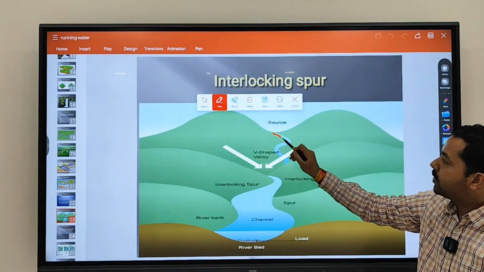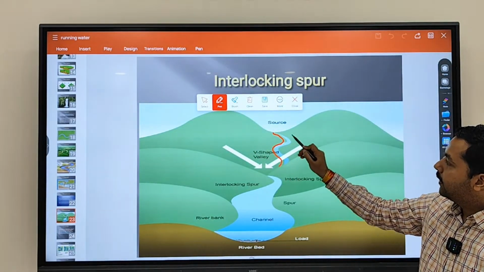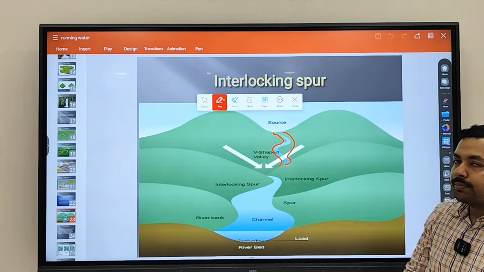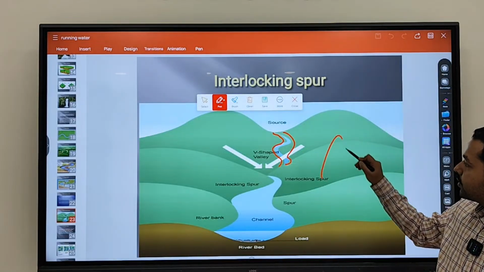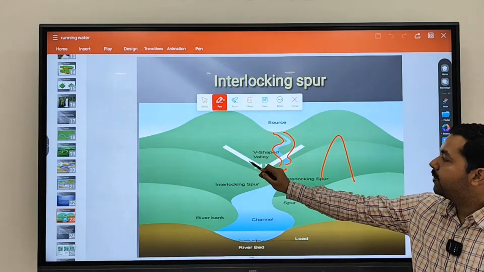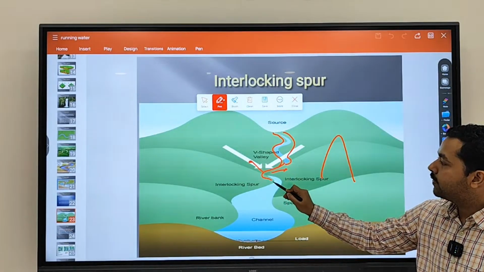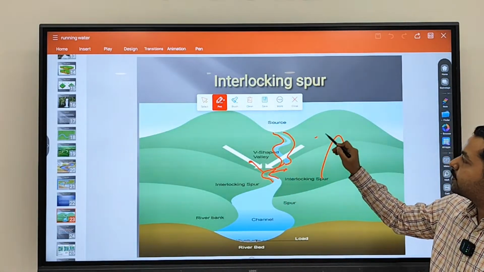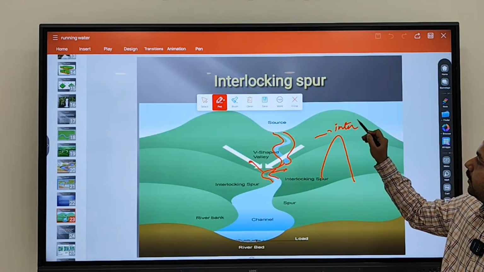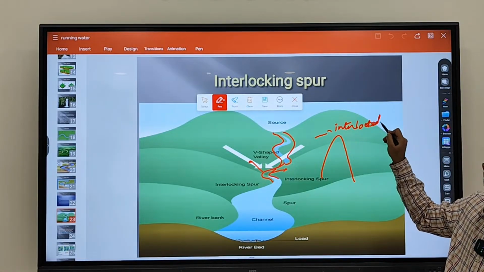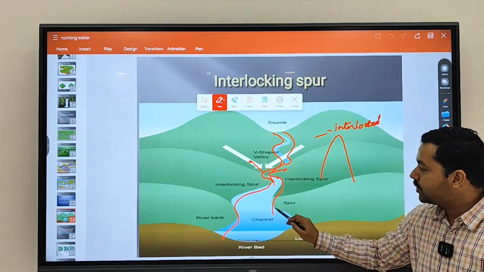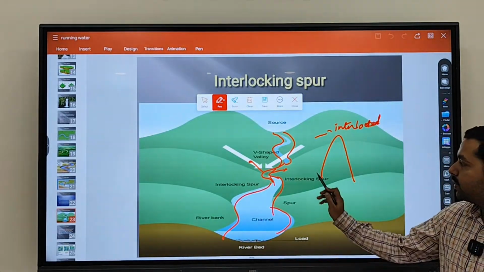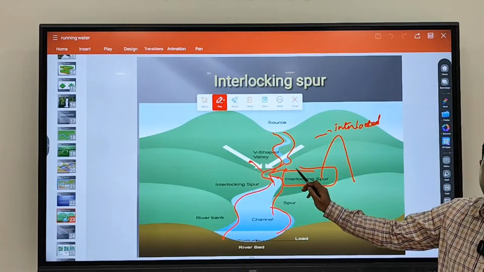From this point you see the river coming, and then suddenly what is happening? The river is not visible. Why is it not visible? Because of the big mountains over here, the river flow is not visible. So we say the river flow has been interlocked, and when the river comes out of this interlock, then what will happen? You see the river is visible.